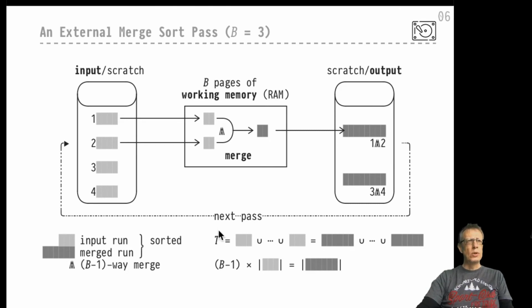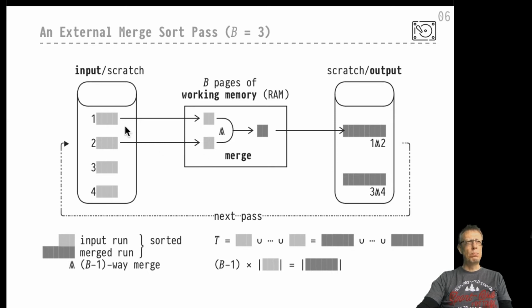So how does this merging take place? Let's assume that we have only 3 pages of working memory available. So B equals 3. Then this would be the contents of our working memory, our buffer. 2 of the 3 pages would be allocated to read rows from these 2 input runs. So we allocate 2, or B minus 1, of these pages to read input into.